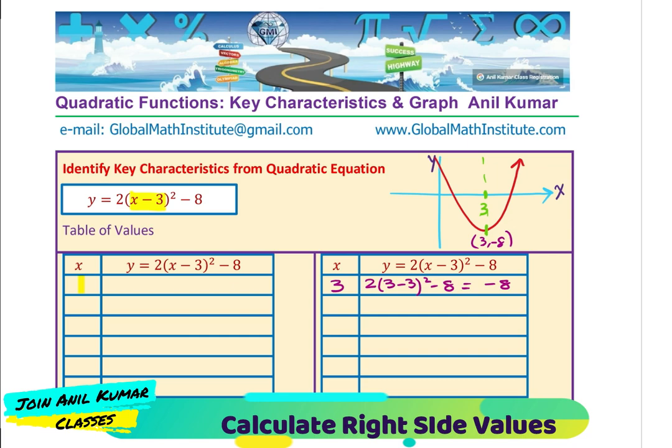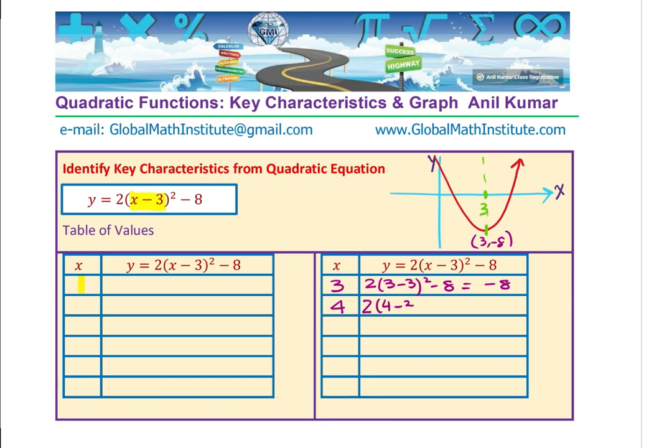Now you should go 1 unit on the right. So if I substitute 4, then I get 2 times (4 minus 3) whole squared minus 8. Now 4 minus 3 is 1. 1 squared is 1. 1 times 2, 2. Minus 8 will give you minus 6. So I have another point here, at 4, and there the value is minus 6, correct?